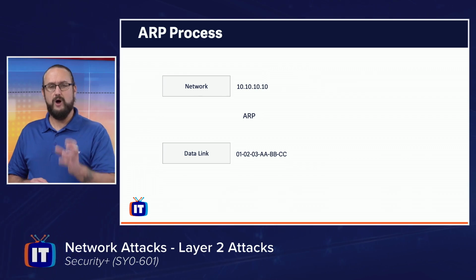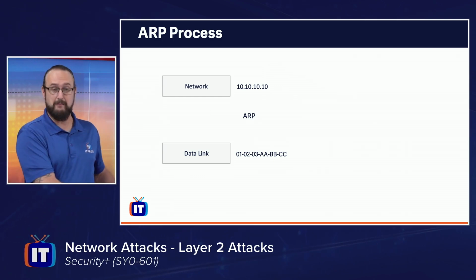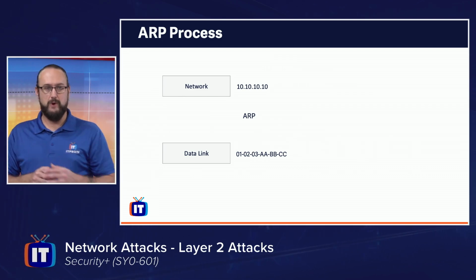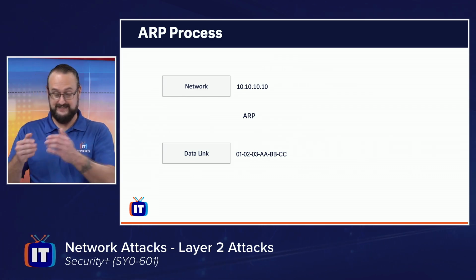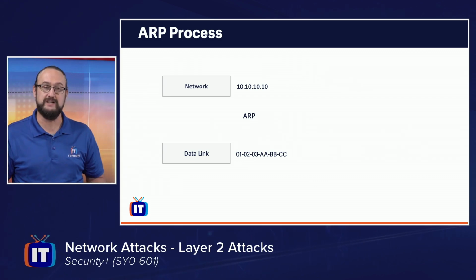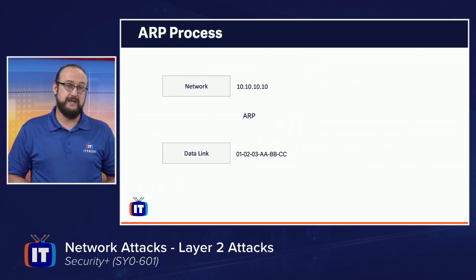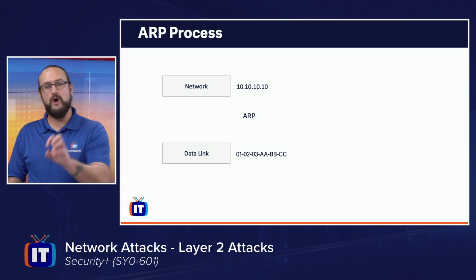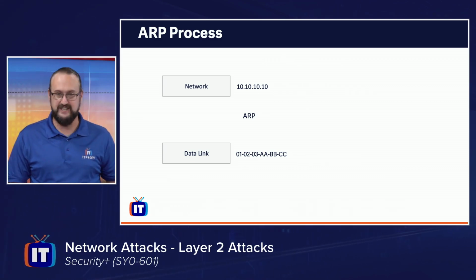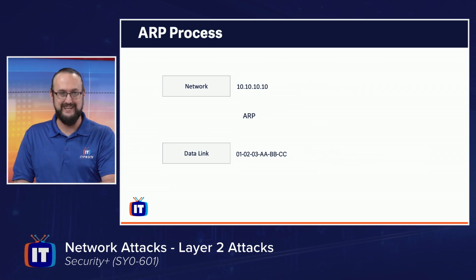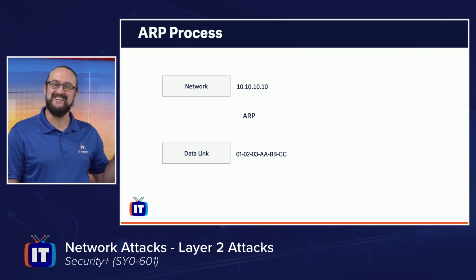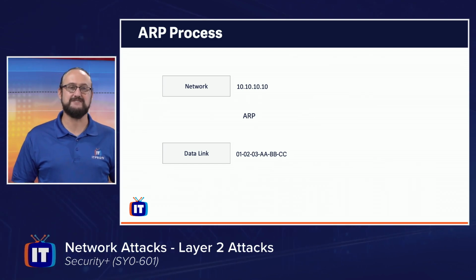Well, because the network layer, IP, knows nothing about a MAC address, when that traffic finally gets across the remote networks and gets to the destination LAN where it needs to be delivered, if we left it up to IP it would say, hey, I did my job, I don't know where else it's going. So that's where ARP comes in. What ARP does is it says, I will help IP map this IP address to the data link layer-based MAC address.